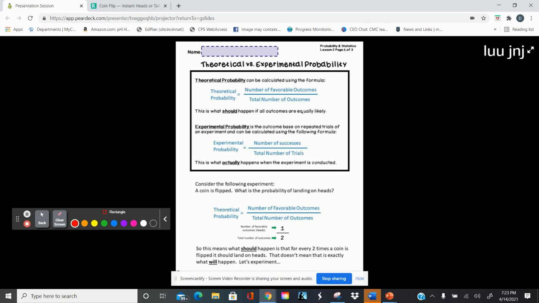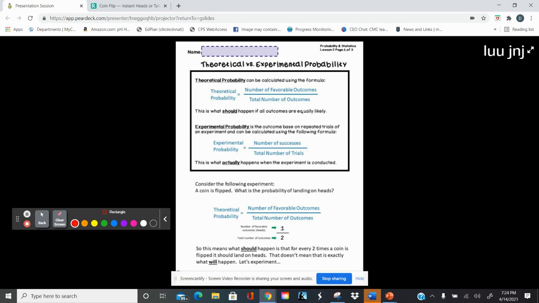So experimental, think of an experiment because ultimately that is what you are doing in order to figure out the probability. So experimental would be what actually happened. Theoretical would be what should happen. Okay? So that's important to note and understand the difference.